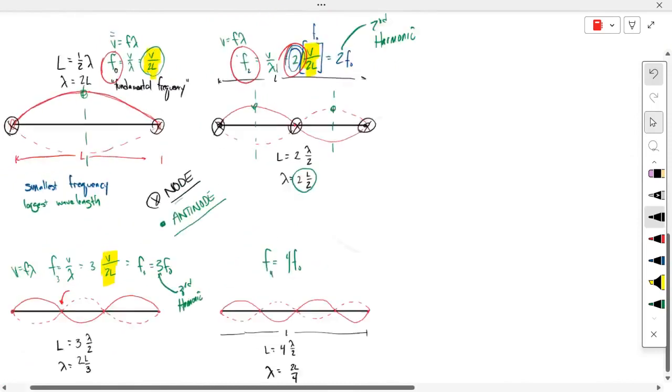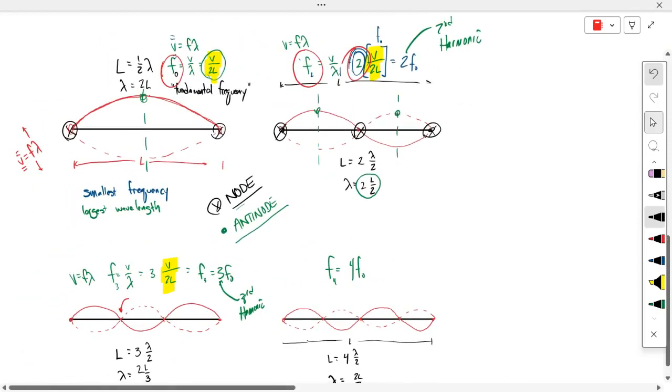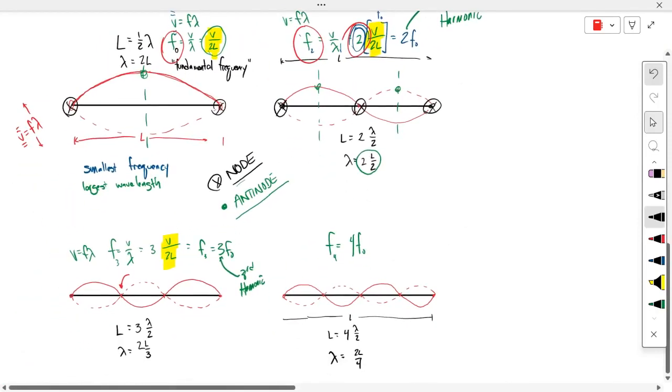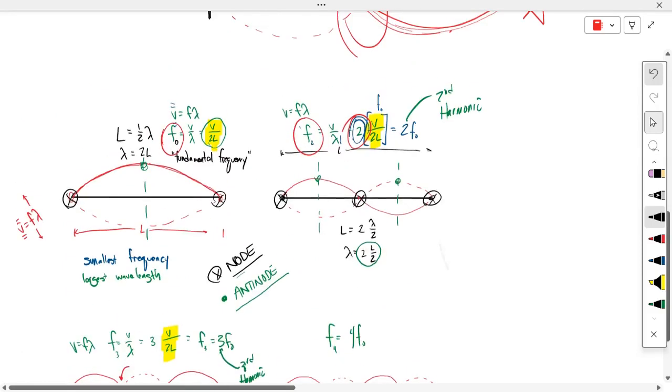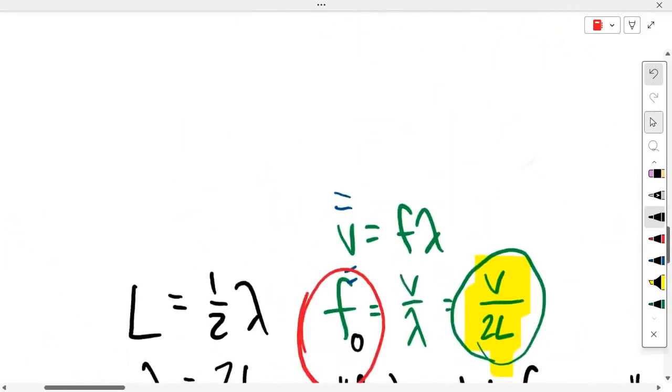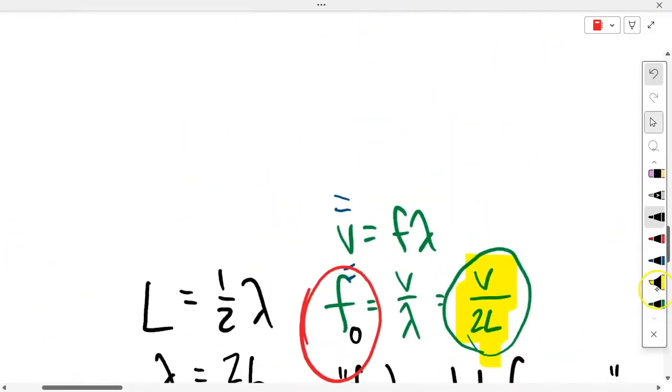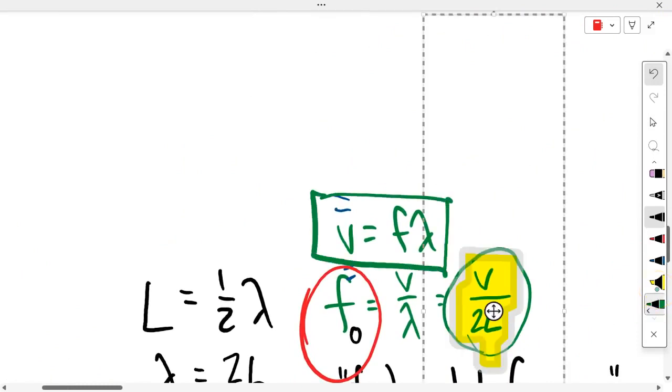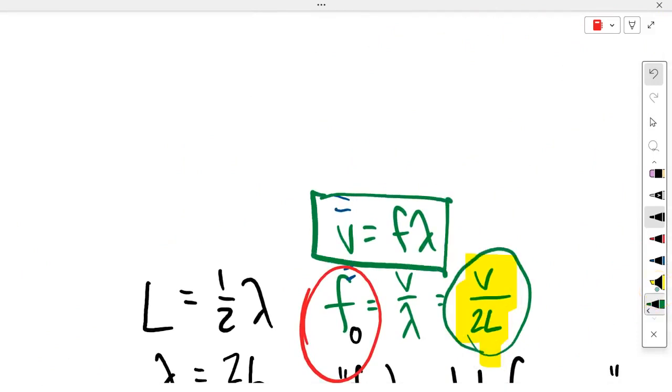Then you can relate the length of the string to the wavelength of the wave, and use the general truth that a wave's speed, frequency, and wavelength are related.